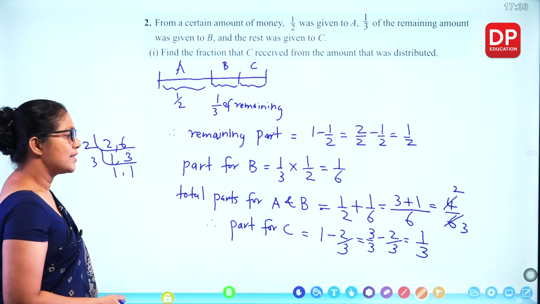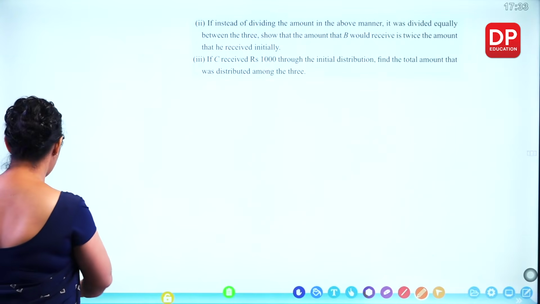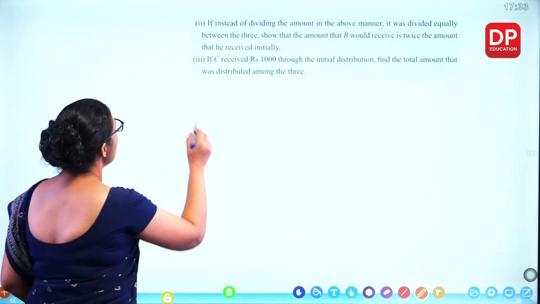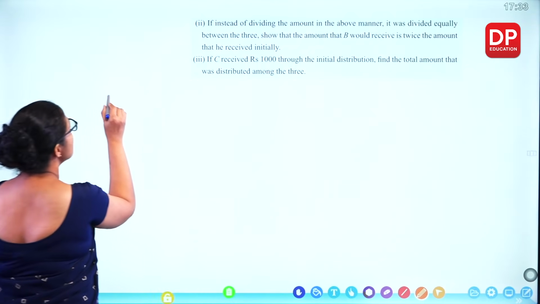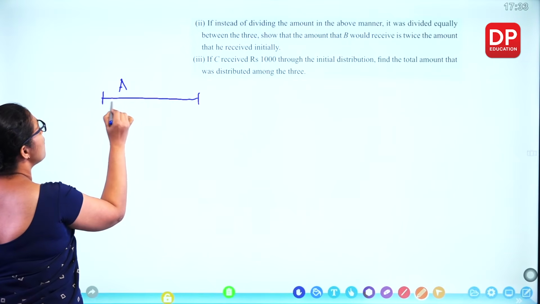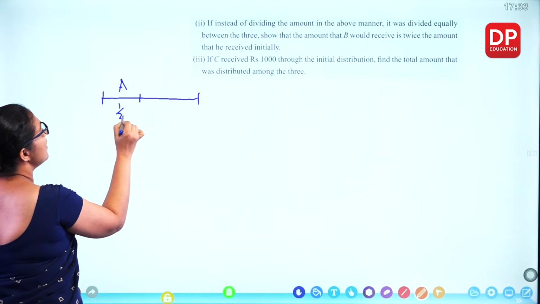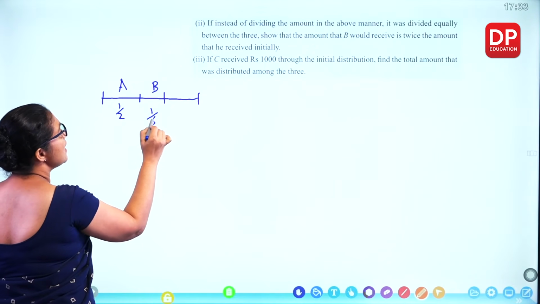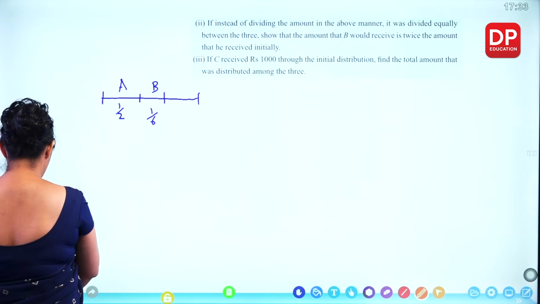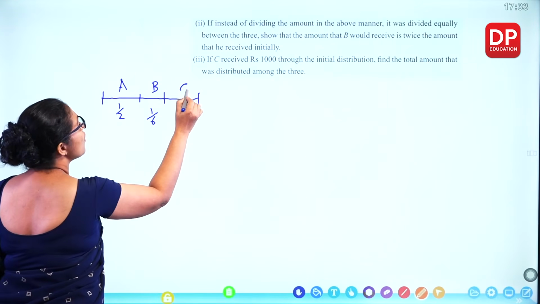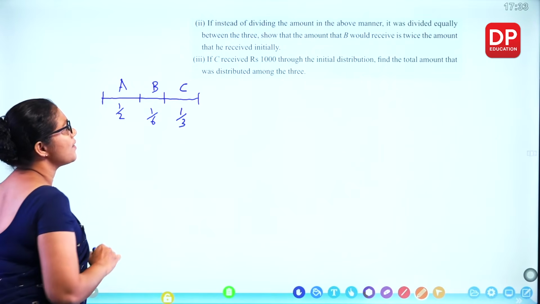That's 1/3. So there's another part, a continuation from that. Now we found out from the previous question half of this part for A and then 1/6 for B. And we found the remaining part for C, 1/3. So for C, that's 1/3.